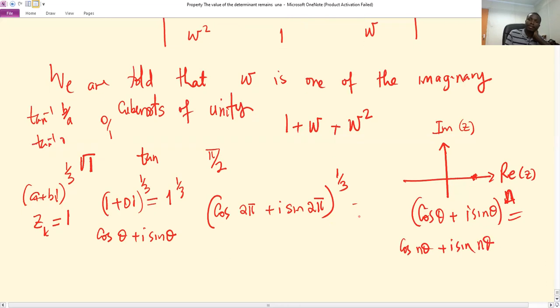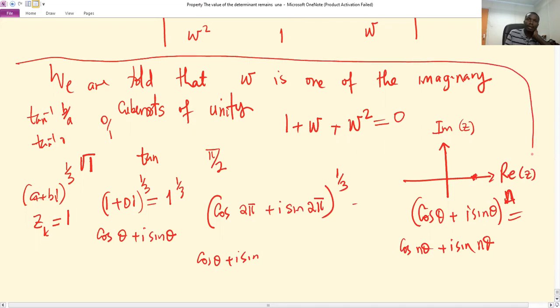Remember, all this I'm doing just to explain why this value will be giving us 0. So the analysis I'm doing here is to substantiate that 1 plus omega squared is 0.